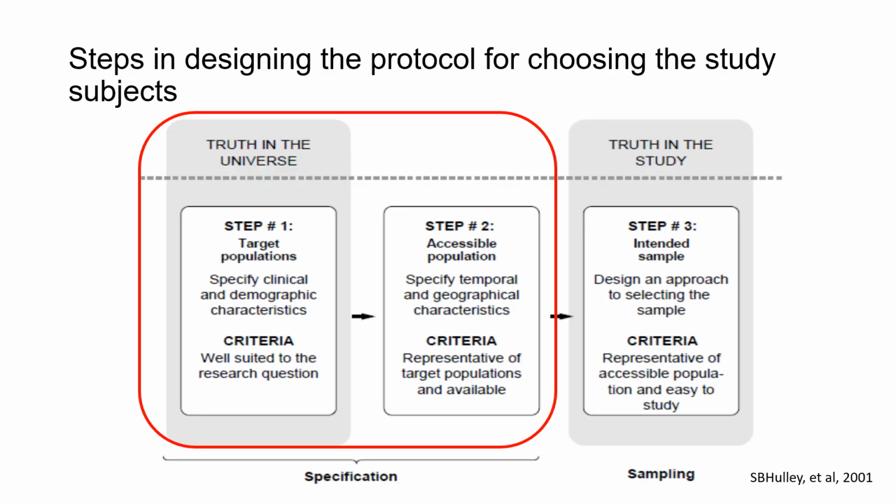One begins by specifying the clinical and demographic characteristics of the target population that will serve the research question well, then uses geographic and temporal criteria to specify a study sample that is representative and practical. Demographic characteristics pertain to age, gender, race, ethnicity, socioeconomic status.